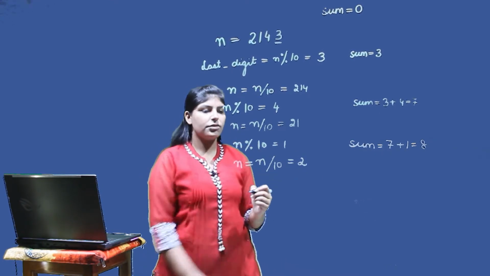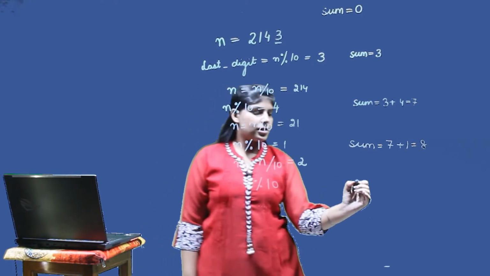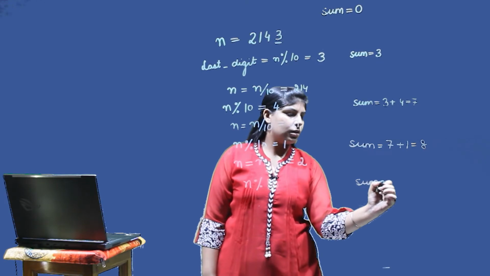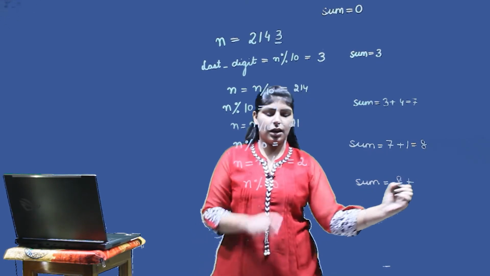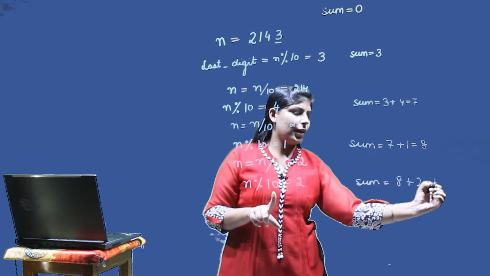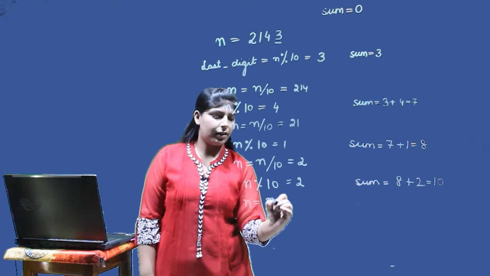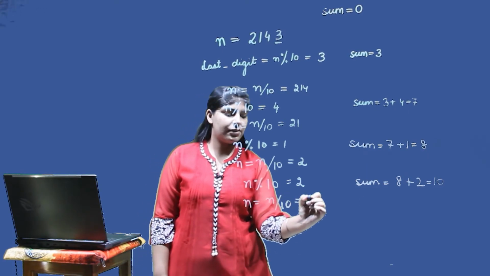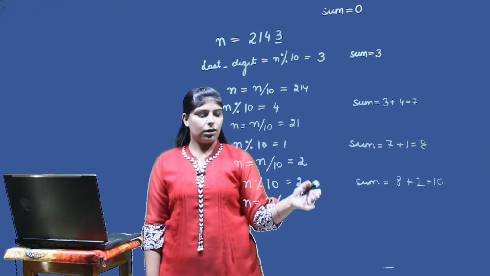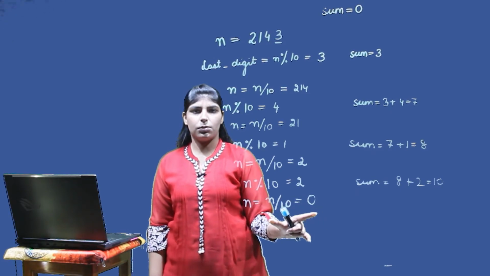So the last digit of this number can be calculated using n mod 10 and the sum will be updated as, the original sum was 8, the last digit here will be 2 and sum will be 8 plus 2, that is 10. Now the number will be updated to n divided by 10, so 2 divided by 10 gives us 0. Now the sum is already calculated, so we will stop when n becomes 0.